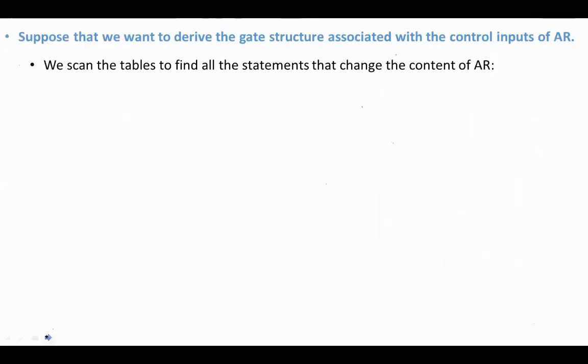Suppose that we want to derive the gate structure associated with the control inputs of AR. We scan the tables to find all the statements that change the contents of AR. Back to the tables.